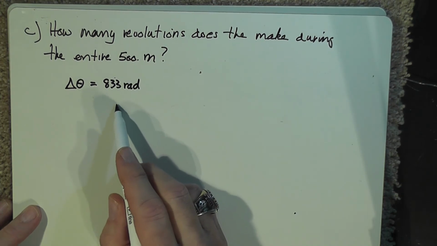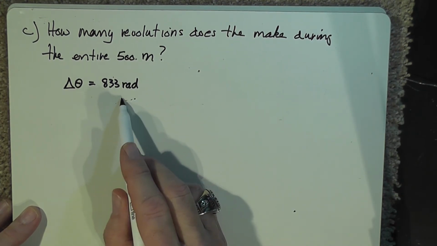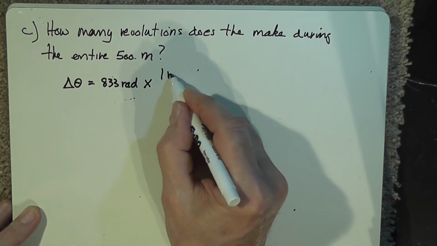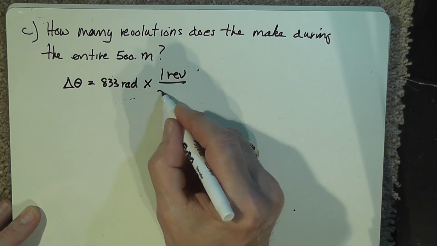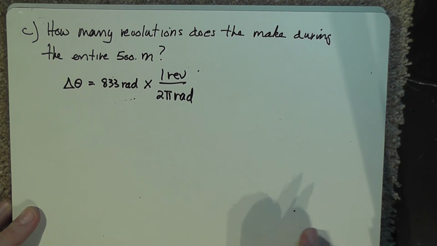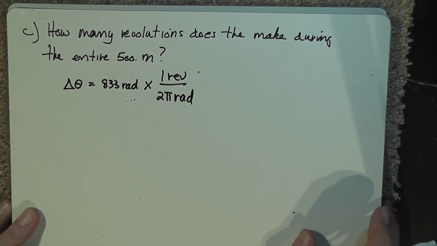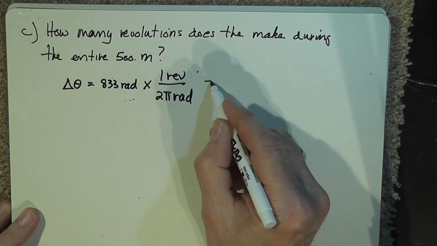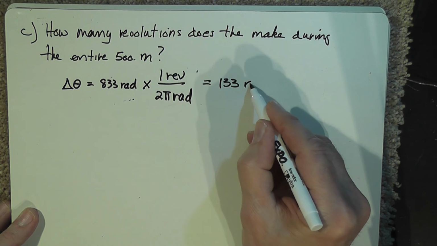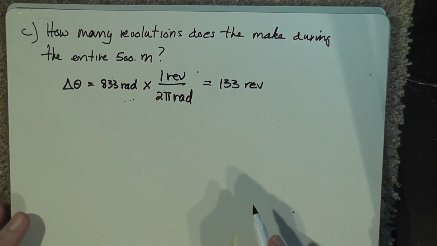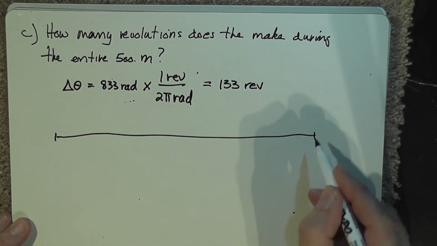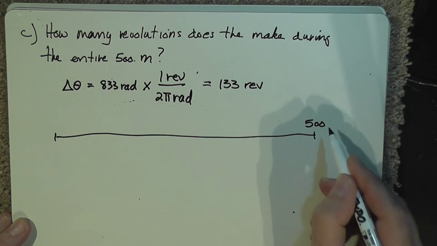This would be the answer if you were looking for just rad, but we want revolutions, so we have to convert. So this is times 1 revolution equals 2 pi rad. And this comes out to 133 revolutions.